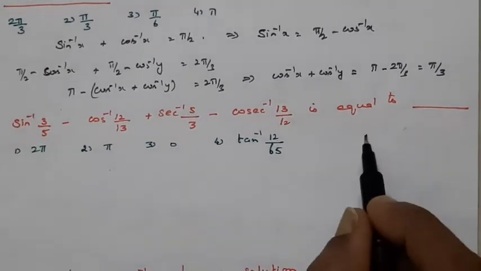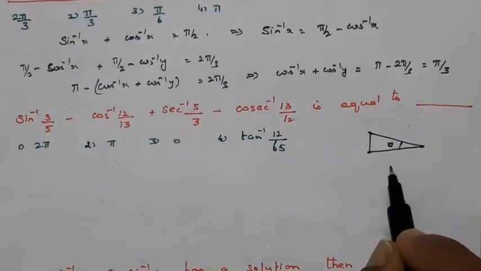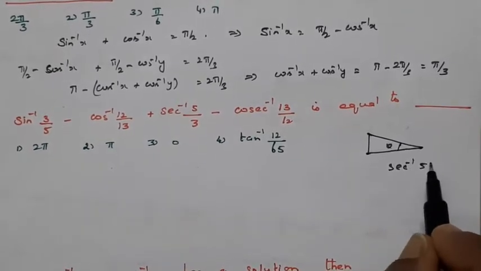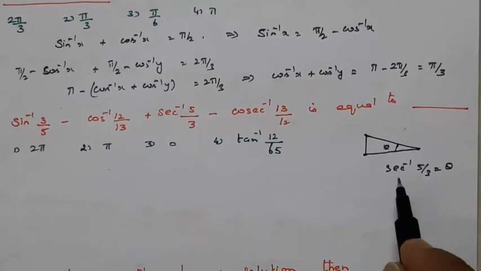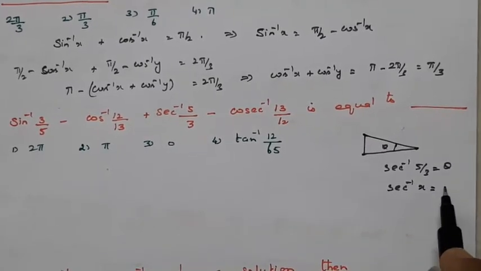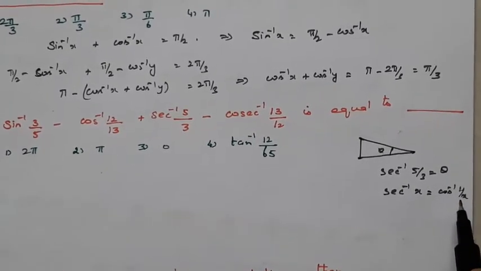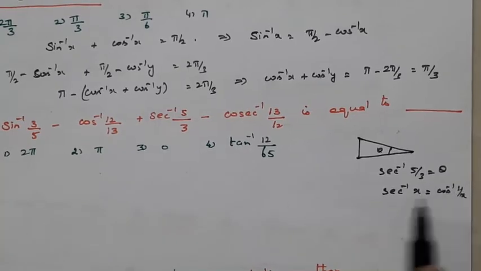If you convert by constructing a right angle triangle, that is by taking secant inverse of 5 by 3 as theta, or directly by using the formula that secant inverse of x is equal to cos inverse of 1 by x, we can use the formula directly.